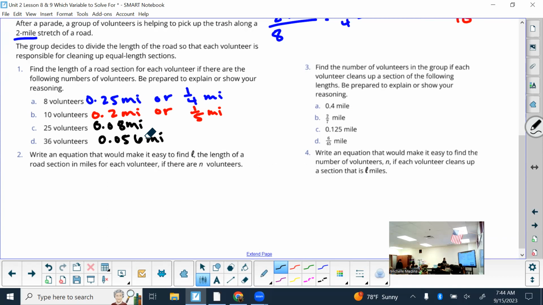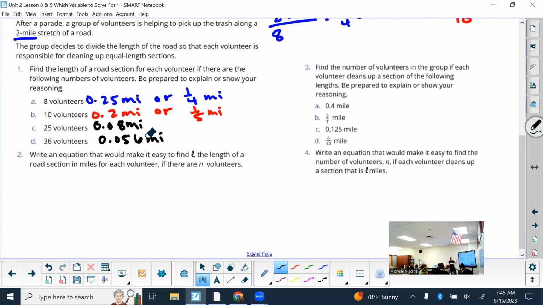Now, when there's problems on your practice and even on your quiz, when they say that makes it easy to find, that means I don't want to have to do a whole bunch of steps to get the answer. I want to be able to just type it in my calculator and move on with my life.